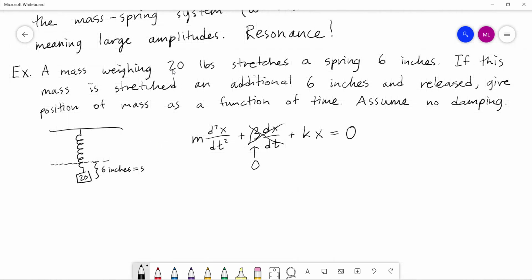When we talk about a mass weighing 20 pounds, pounds themselves are not actually typically a measurement of mass. They're a measurement of weight, and the distinction is that weight is given as a force. So this is a measurement of force. The corresponding imperial units that correspond to mass are actually called slugs.